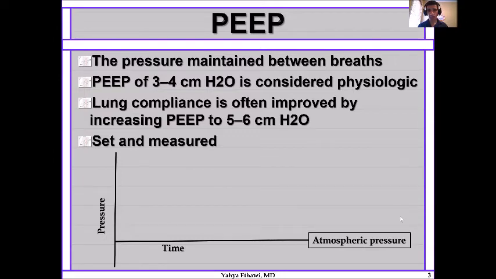And how do we measure PEEP? As you all know, atmospheric pressure is about 760 millimeters of mercury at sea level. And to move pressure from point A to point B, you need a pressure difference.